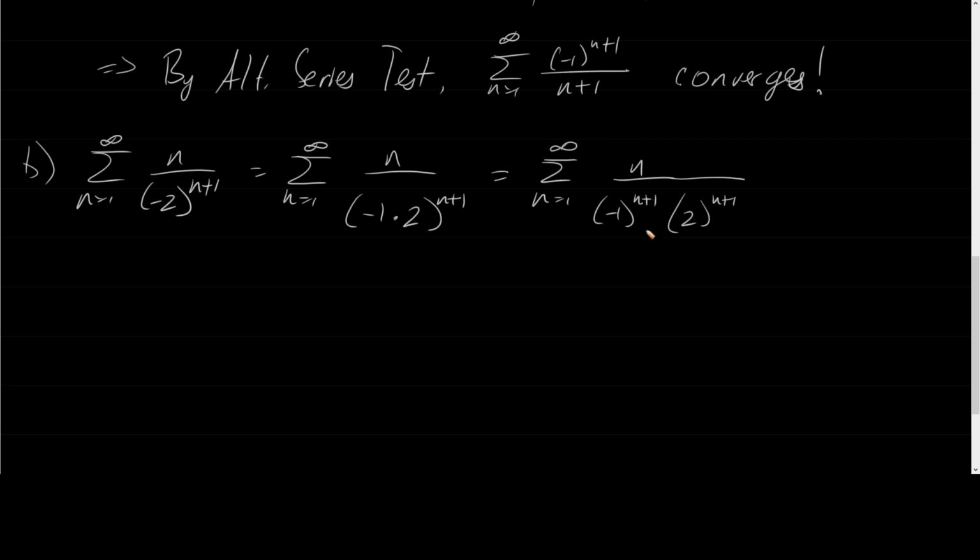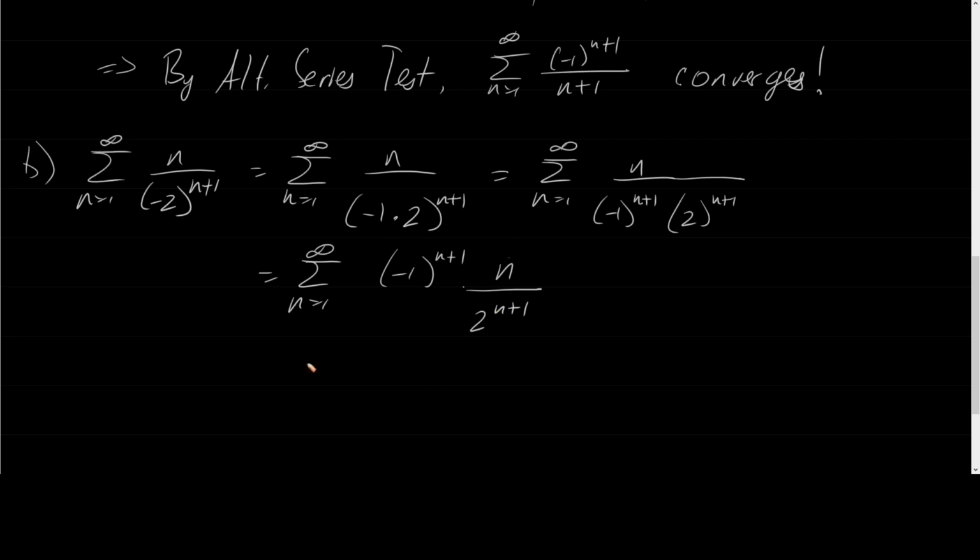At that point, we say dividing by negative 1 is the same thing as multiplying by negative 1. So what we really have here is the series from 1 to infinity of negative 1 to the n plus 1 times n over 2 to the n plus 1, right?